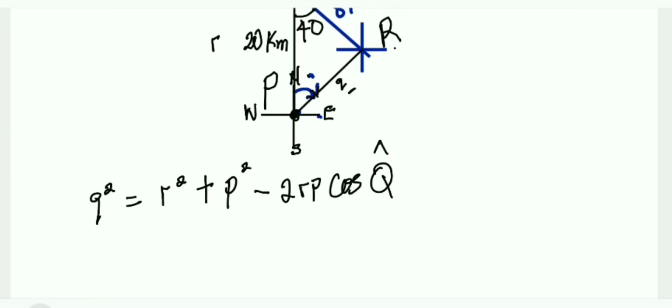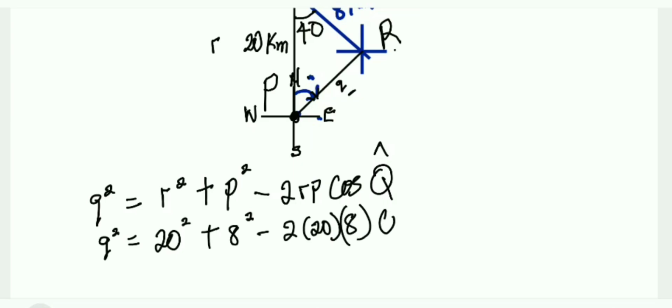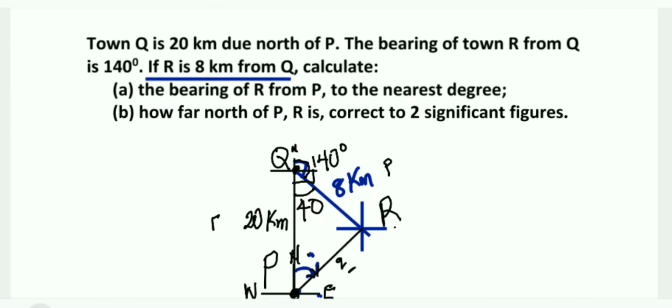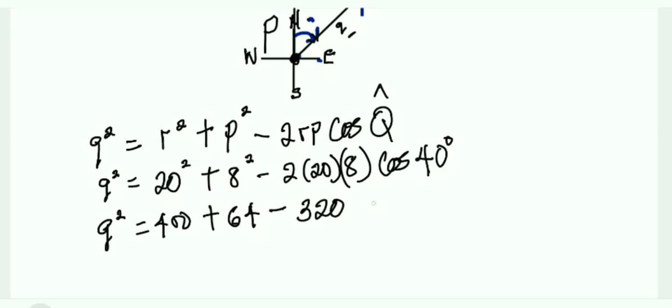So let's do this quickly. I have q square equals 20 square plus 8 square minus 2 times 20 times 8 cos 40 degrees. I hope we've not made any error. Alright. So q square equals, this is 400 plus 64 minus 20 times 2 times 8 is 320, and then you have times cos 40.